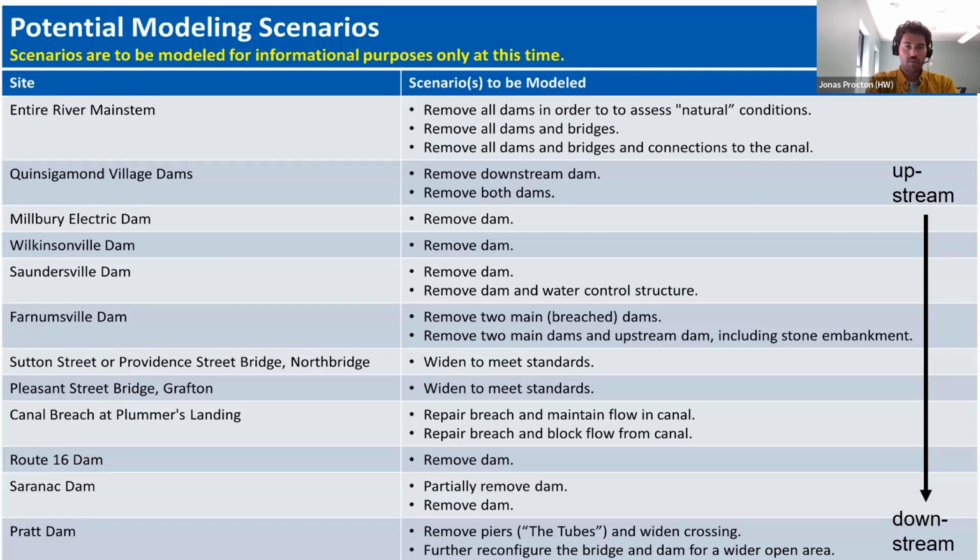There wasn't really anything like that on the Blackstone, but we do have some cases where, usually upstream of a bridge, the floodplain gets a little bit wider, and this relates more to flooding.